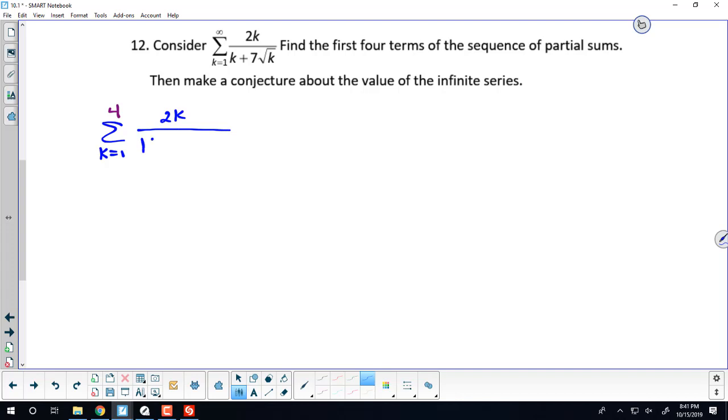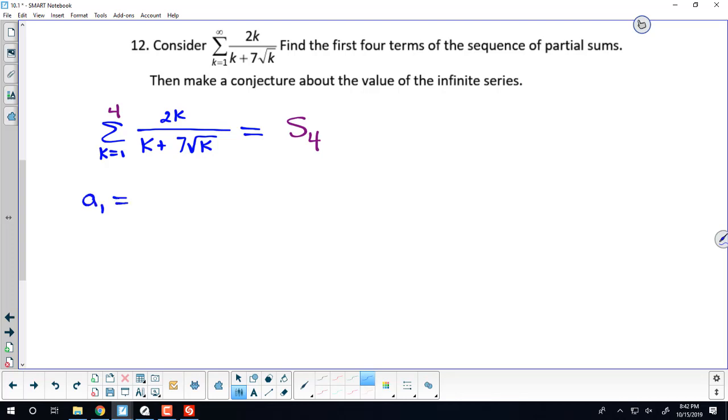When we write this sum out from 1 to 4, that will be the same thing as the 4th partial sum. So all that means is we need the first 4 terms of that series, and then we need to add them together. So I'll do this here.